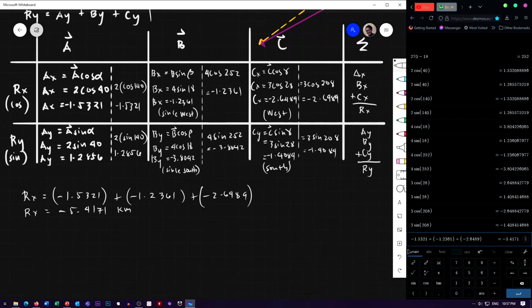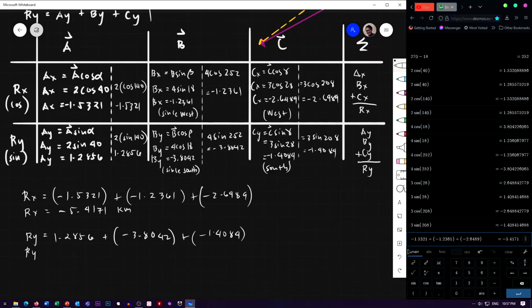Then for r sub y, we have 1.2856 plus negative 3.8042 plus negative 1.4084.